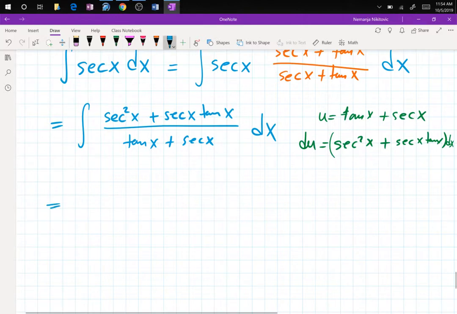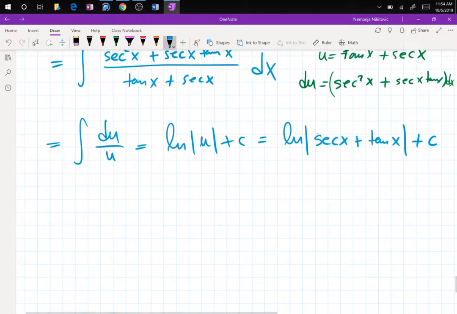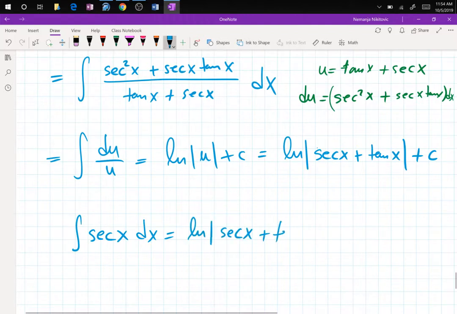So this becomes du over u, for the ln of absolute u plus c, which is the ln of secant x plus tangent x plus c. And this gives you a formula. The integral of secant x dx is equal to ln absolute secant x plus tangent x plus c.